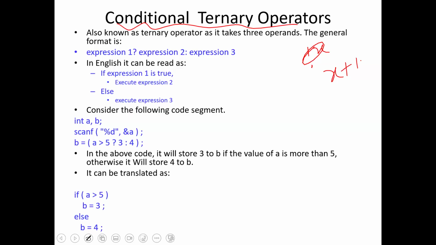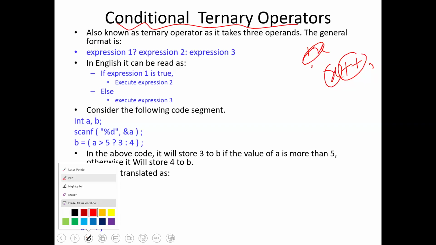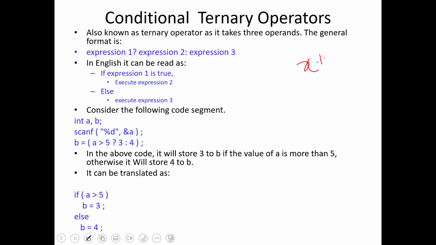X plus plus. See, this operator needs only one operand. Binary operator, X plus Y. Addition is a binary operator. You need 2 items to add. That's called a binary operator; it needs 2 operands to work on.